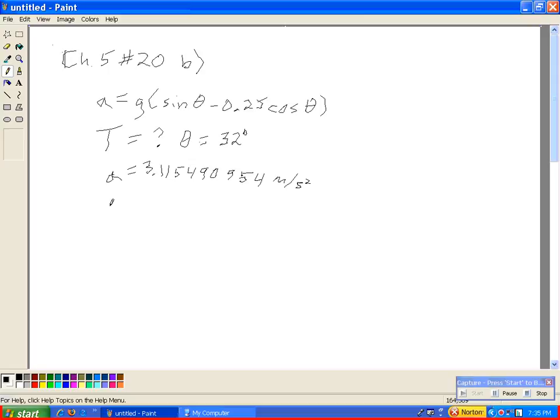So, the question is, how do we find the tension? Now that we know the acceleration, it'll be actually a whole lot easier.